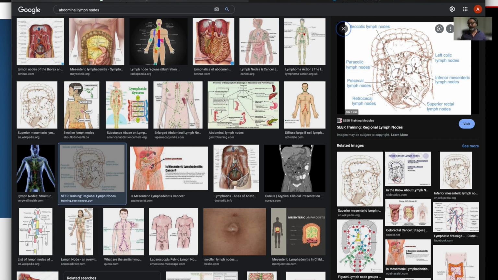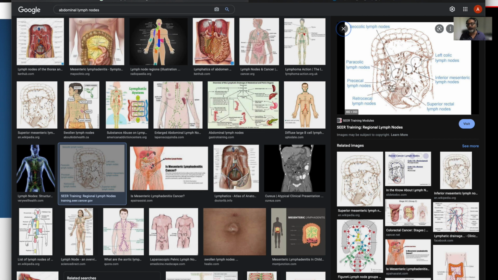So where would these lymph nodes drain? They call them paracolic because they're right next to the large bowel. The superior rectal lymph nodes and the left colic lymph nodes will drain into the inferior mesenteric nodes. And the middle colic lymph nodes and the right paracolic lymph nodes will drain into the superior mesenteric nodes.